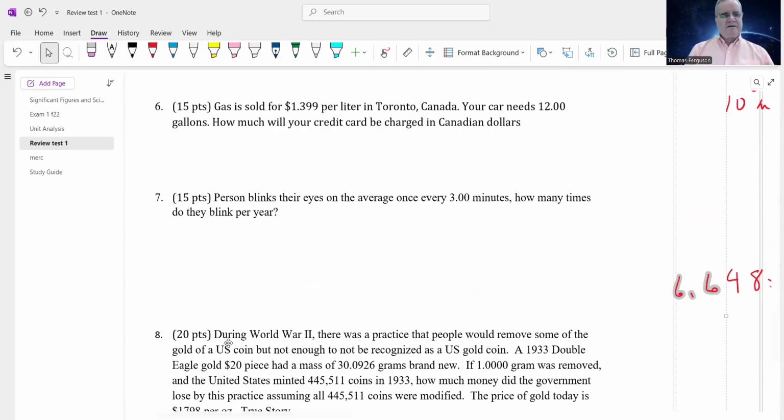Okay, so we got gas in Canada. And your car takes gallons. So what's given?